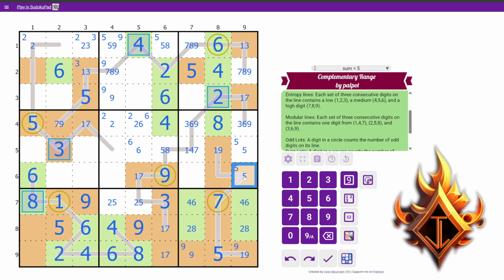It's 3 or 5 only. I don't think that helps me out though. Okay.